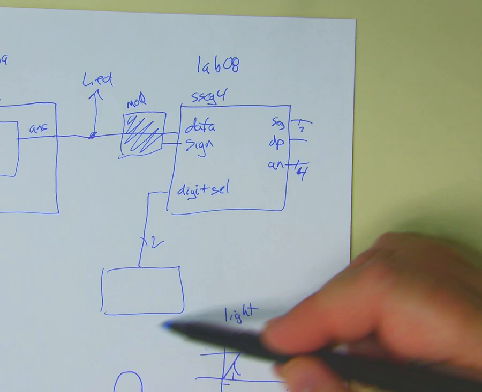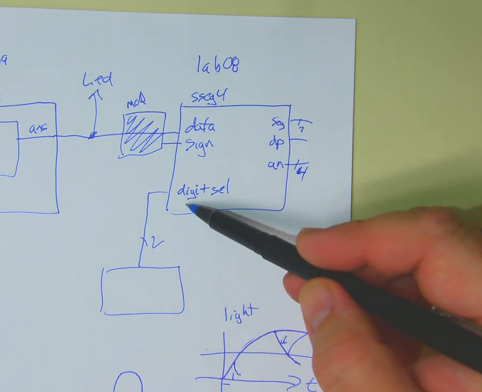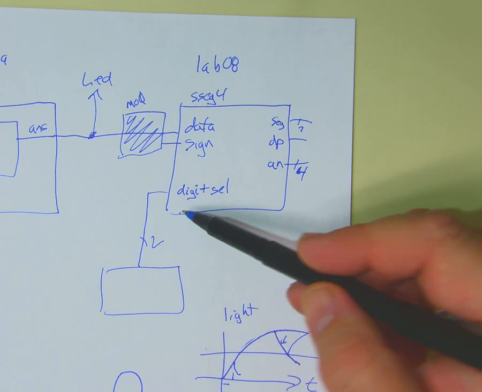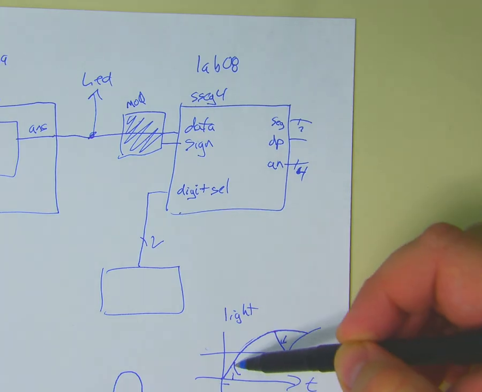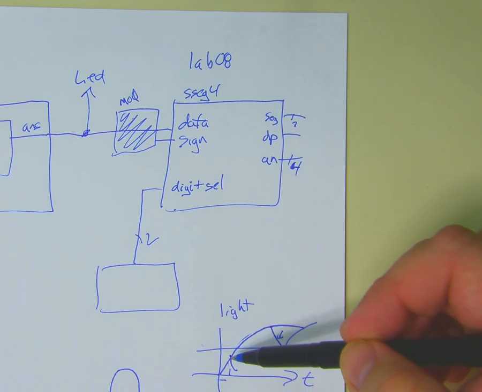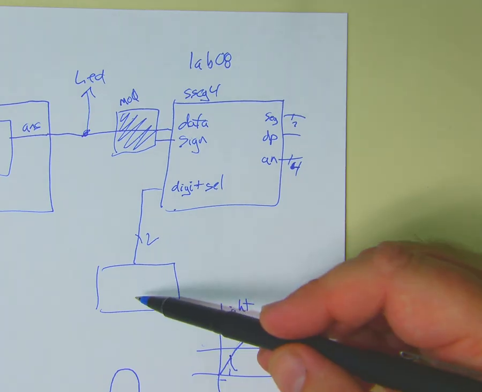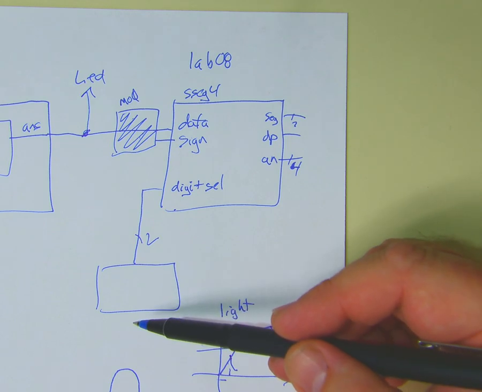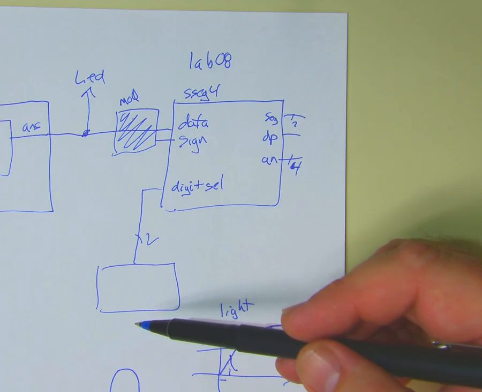Do I want a really fast signal coming out here? If it's too fast, what happens? It doesn't turn on all the way. So the whole purpose of this counter is to slow it down. Because how fast is your system running? Well, the clock on a Basys 3, has anybody looked it up?